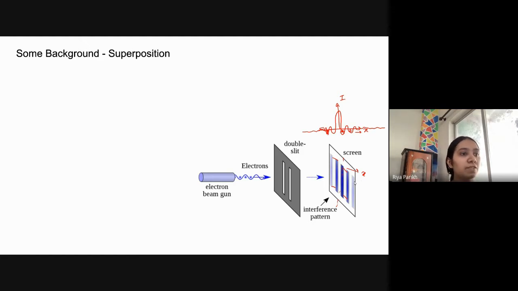And the places where the light is present are where the waves constructively interfere with each other. So if they constructively interfere, they increase the intensity.